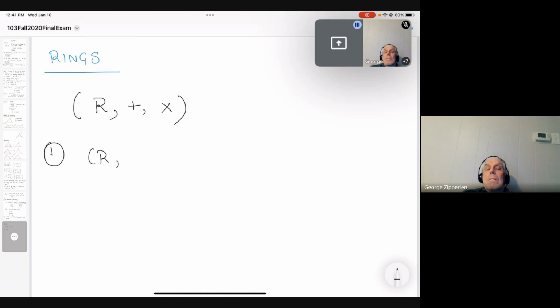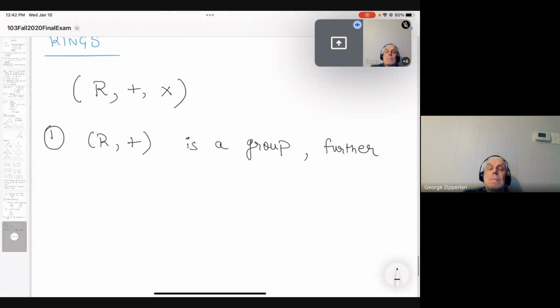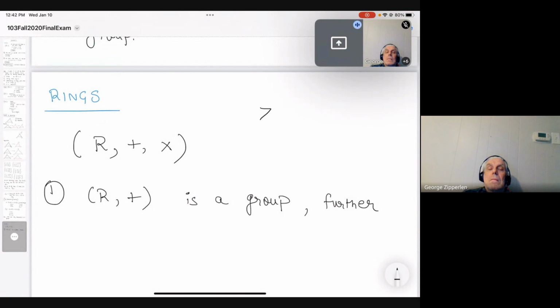So if you just look at R and addition, this is a group. Only with respect to addition, this set is a group, and not just any group. We have an additional property: if you take any two elements of this set, and I would really encourage you to keep the example of integers with respect to addition and multiplication in mind, addition as we are familiar with.